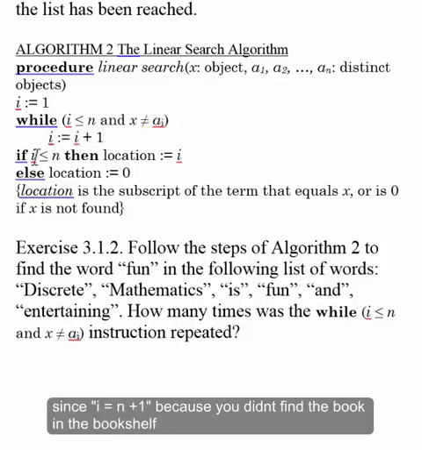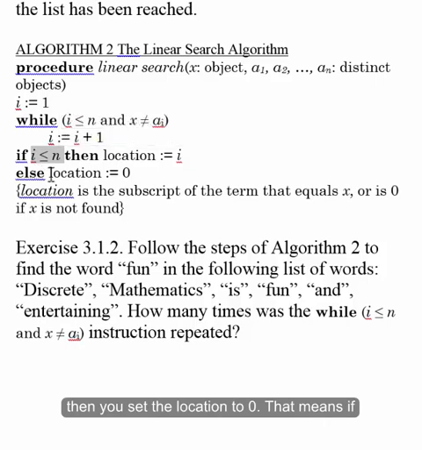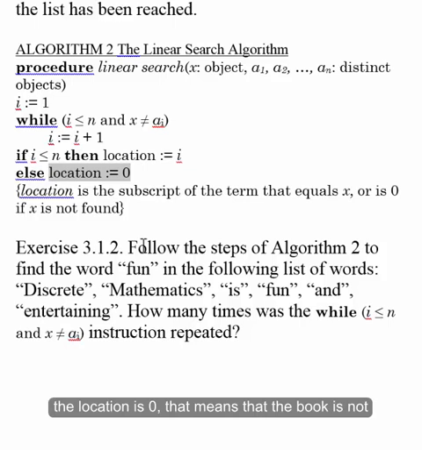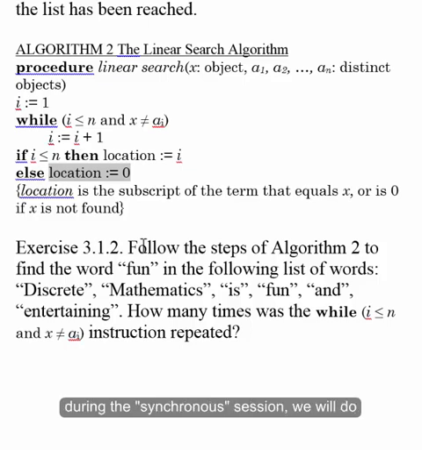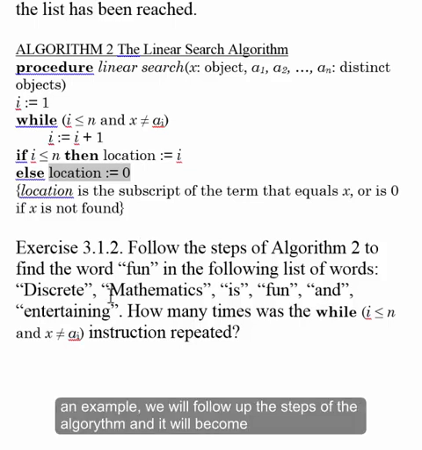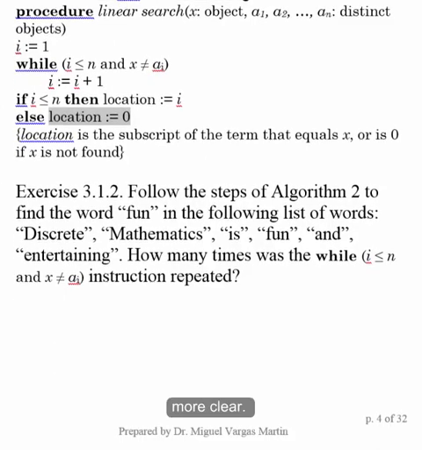So since I is equal to n plus 1, because you didn't find the book in the bookshelf, then you set the location to 0. That means if the location is 0, that means that the book is not in the bookshelf. So during the synchronous session, we'll do an example and we'll follow the steps of the algorithm, and it will become more clear.